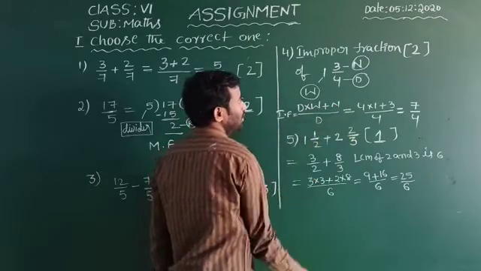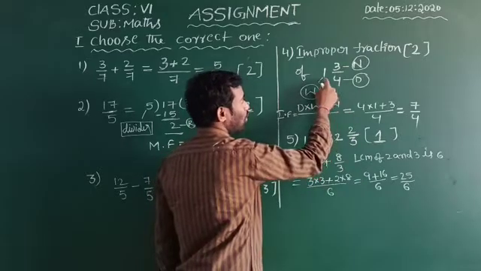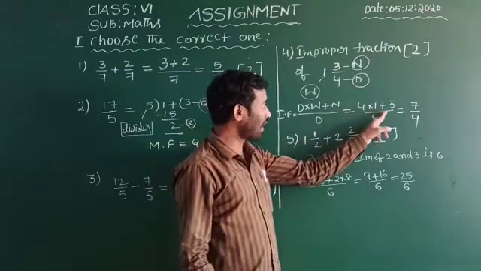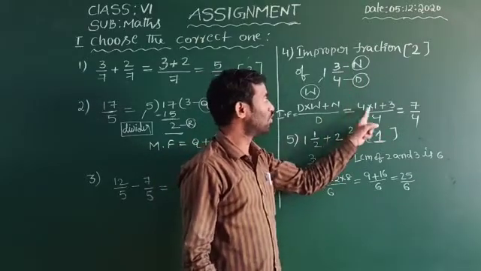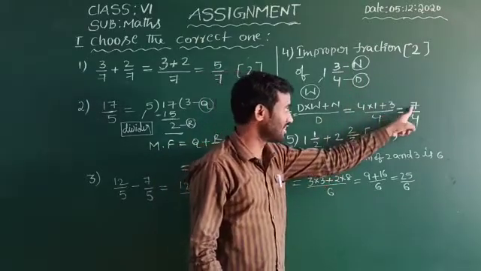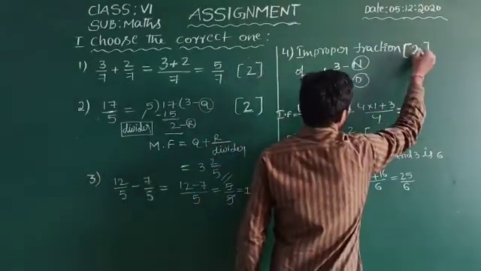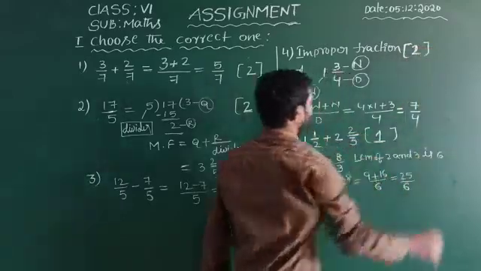The denominator is 4, the whole part is 1, the numerator is 3. So 4 into 1 plus 3 by 4. 4 ones are 4, plus 3 equals 7 by 4. So the second option is the correct one from the given options.